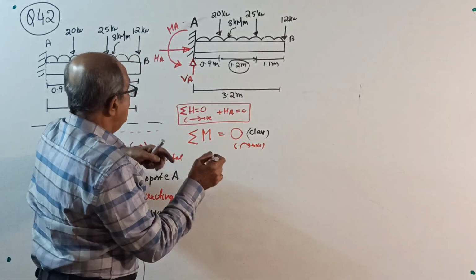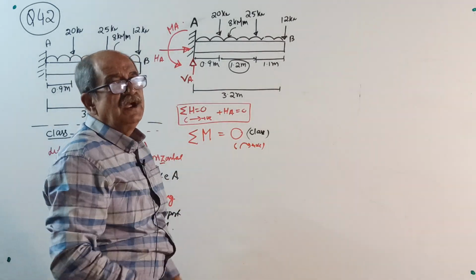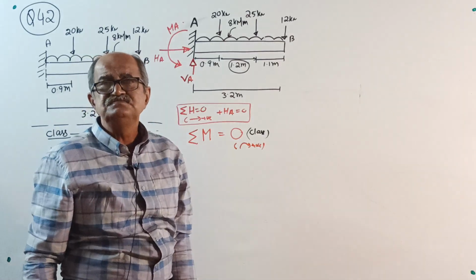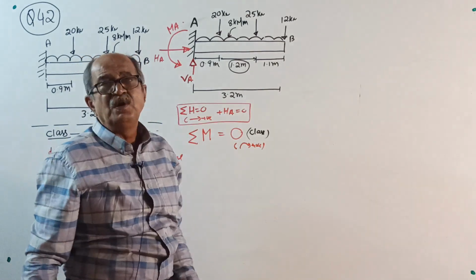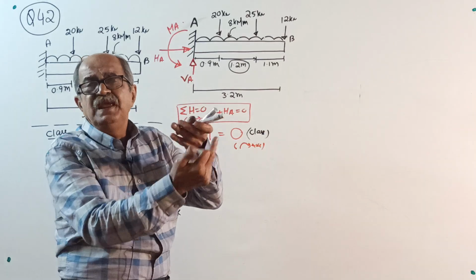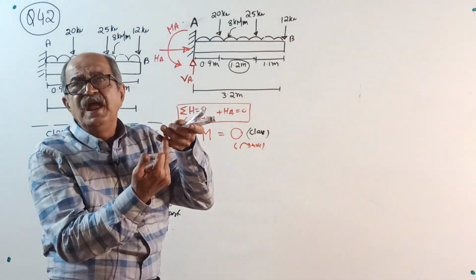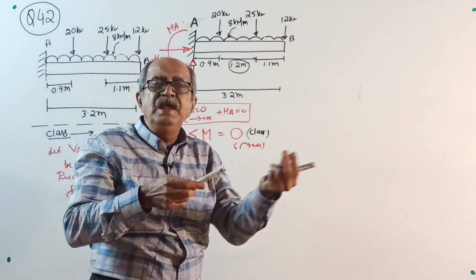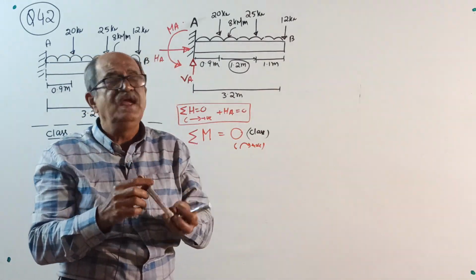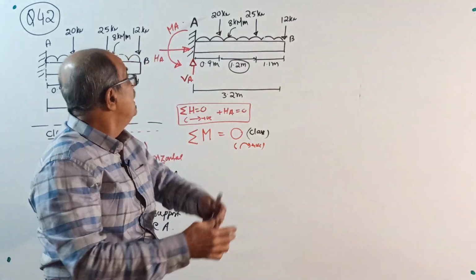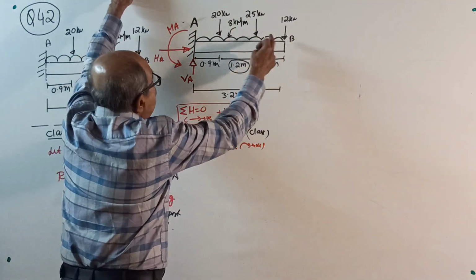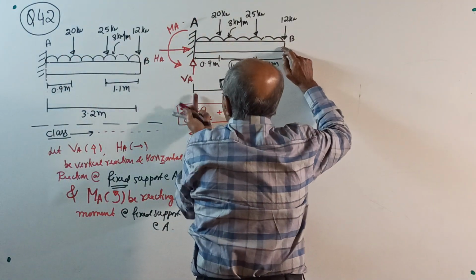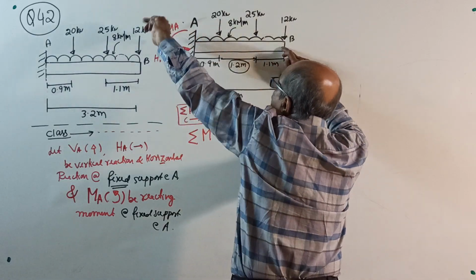Okay, start. Which point moment? You can take moment about any point. See, simply supported beam, VA and VB. If you take moment about A, VA into 0, VB you get. Or if you take moment about B, VB into 0, you will get VA. But this time not that way. If I take moment about B, see here, VA will have moment and also MA will come.